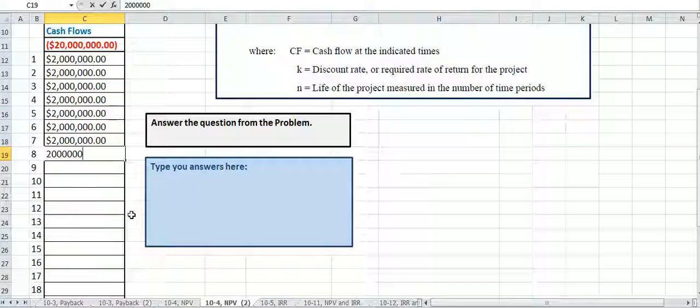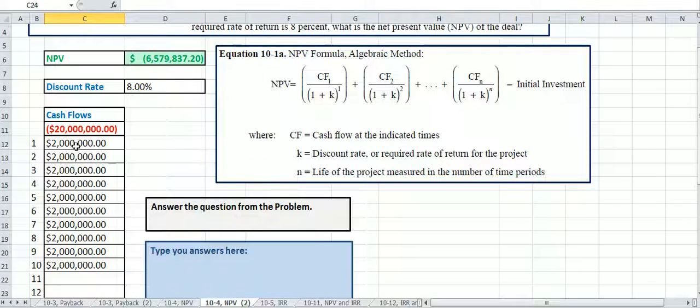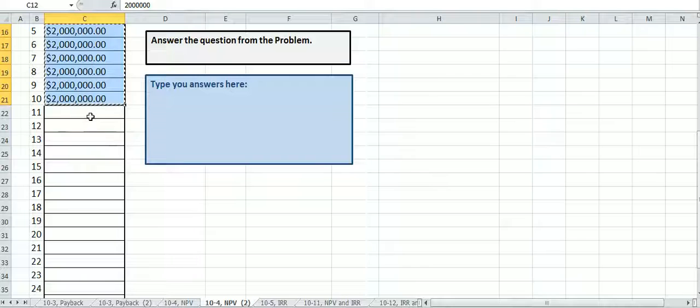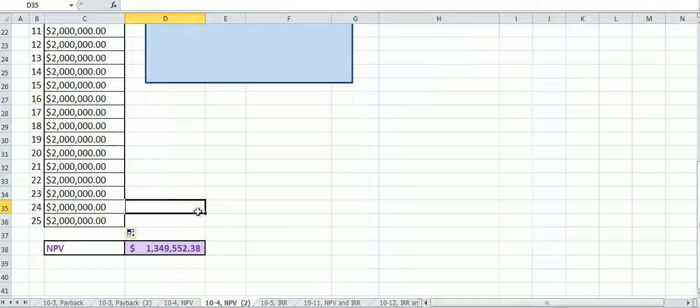Year 8, year 9, year 10. And now I'm just going to go Control C and Control V. Actually, if I wanted to, I could do it really quick by doing that, right? Okay. Now, that's it. There you go.